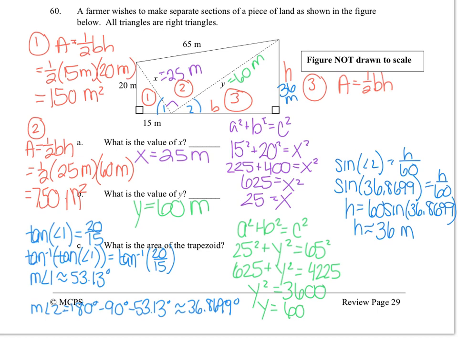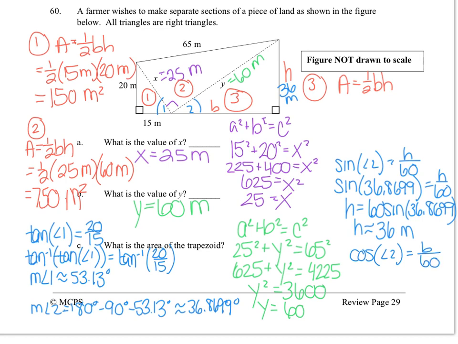And now we need to find the base. Well, since the base is this side, and I know this angle measure, I need adjacent over hypotenuse, which means I'm going to find the cosine of angle 2, which is going to be the base over 60.